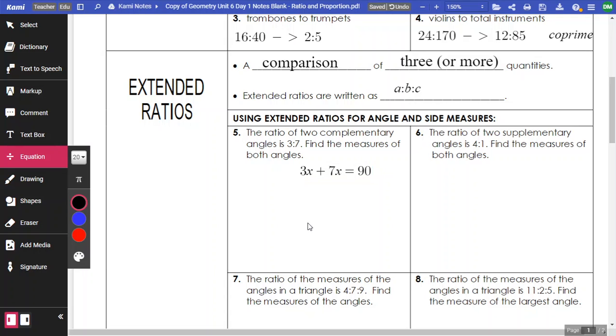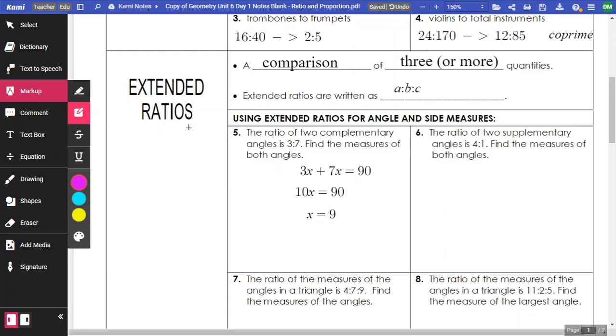Because when we divided out that x, which is just going to be some real number, some integer, we ended up with 3 to 7. So we can say that 3x plus 7x equals our original 90 degrees. And from here, we've got something that's pretty easy to solve. So 10x is equal to 90, which means that x is equal to 9.